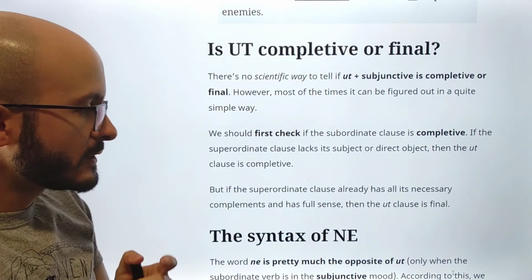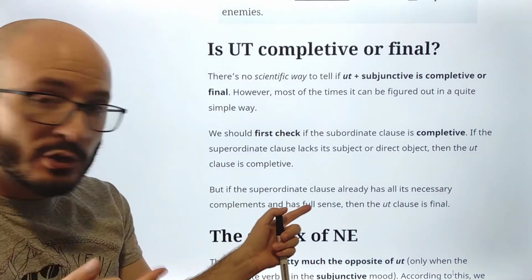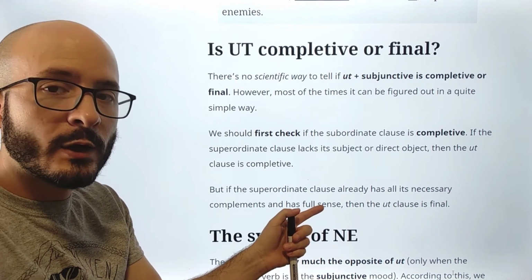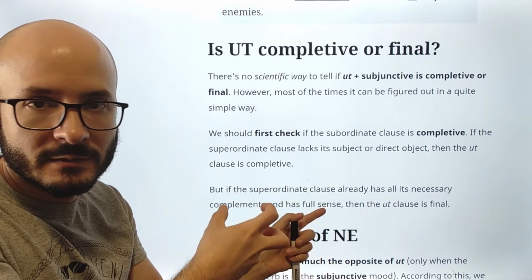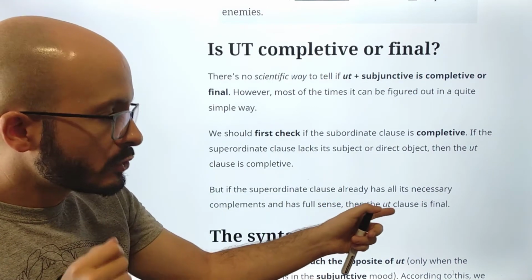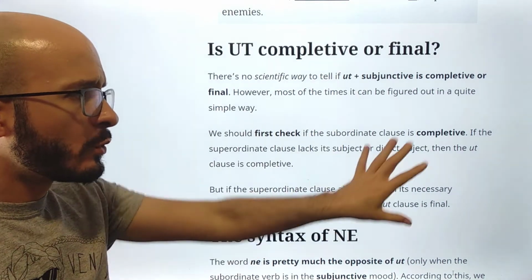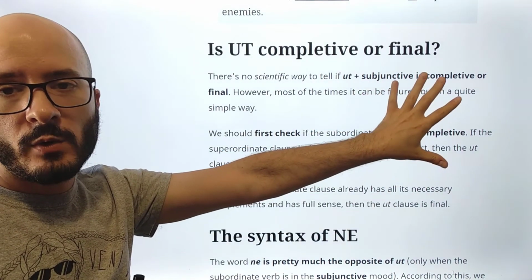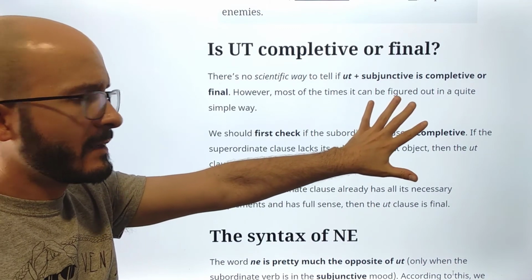But if the superordinate clause already has all its necessary complements and has full sense, then it doesn't require another subject or another direct object. So in that case, the ut clause is final. Of course, we will see this when we practice with translations, but I think I explained it decently enough.